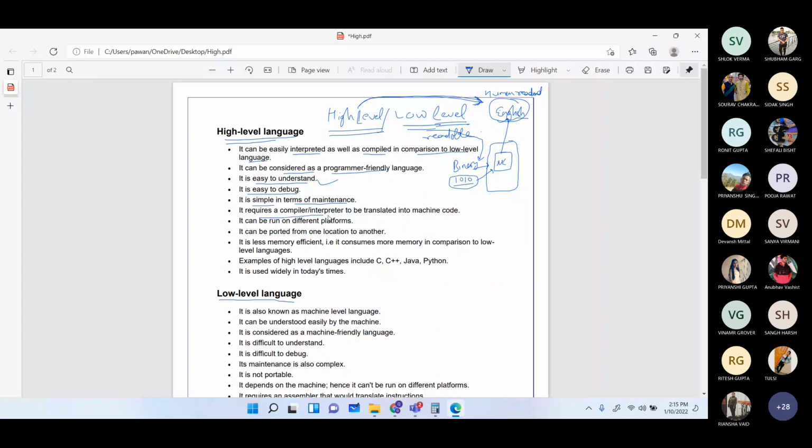It requires a compiler or interpreter to be translated into machine code. It can be run on different platforms. Yes, very important, it can be ported from one location to another. It is less memory efficient. It consumes more memory in comparison to the low level because it is not directly stored in the memory.